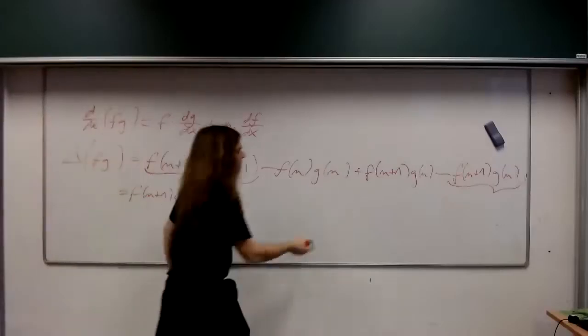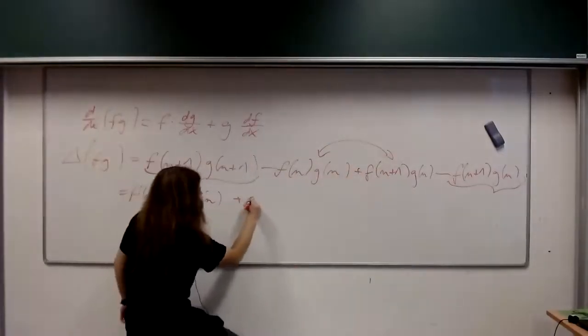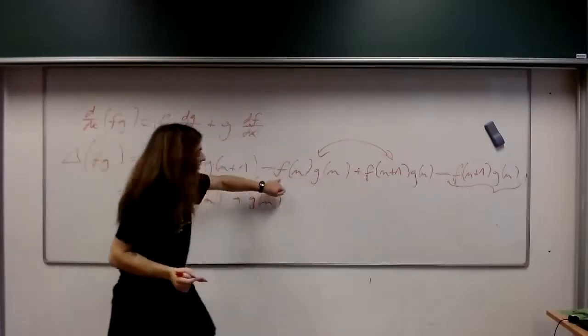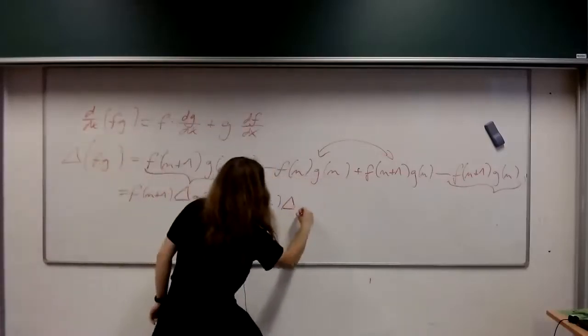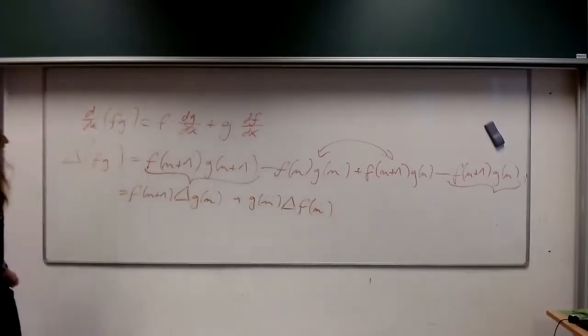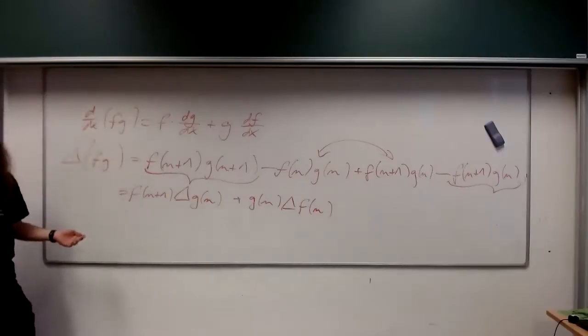And in a similar way, let's put these two together, and we can take out the g n, and f n plus 1 minus f n is what remains. So that is the finite difference of f. So you see the parallels.